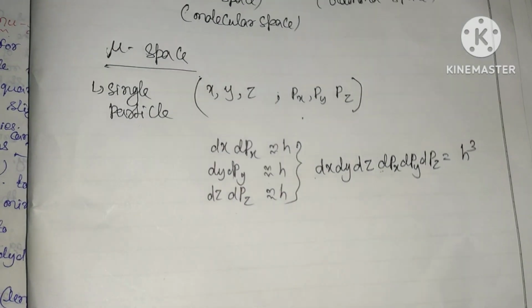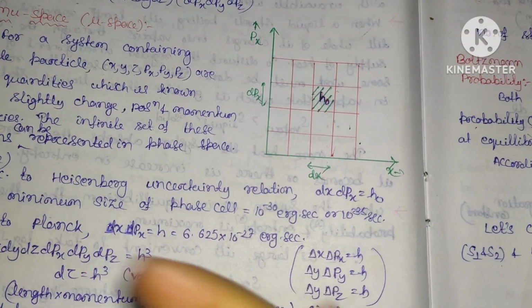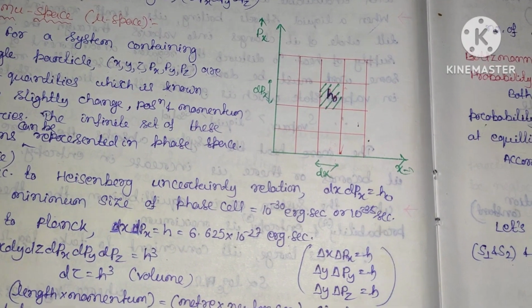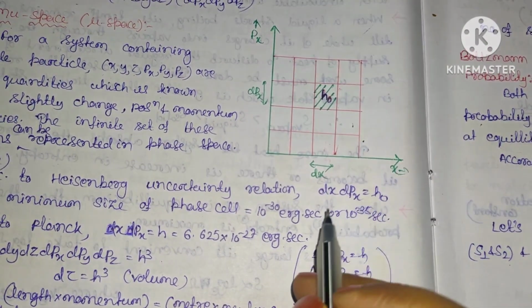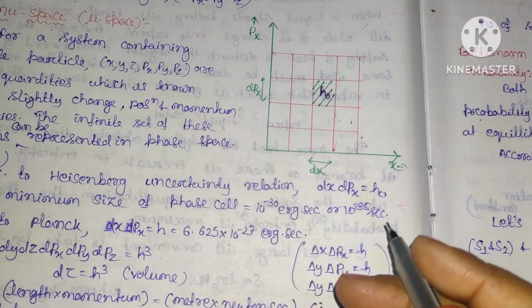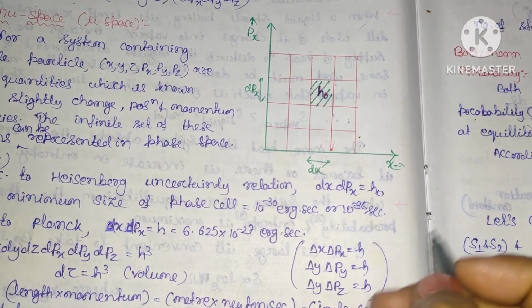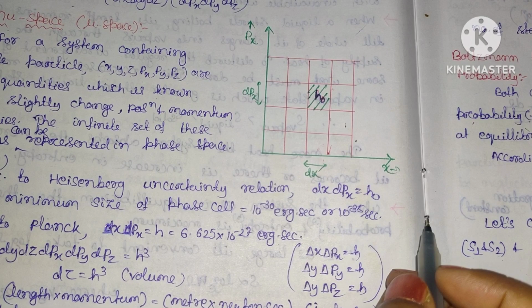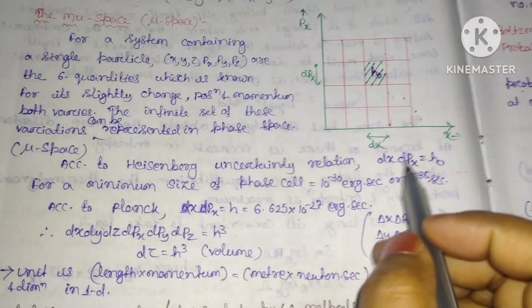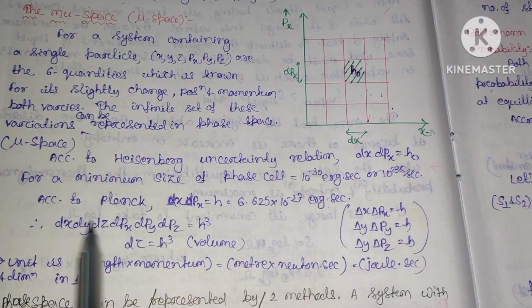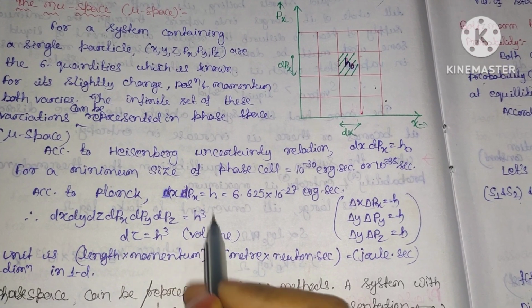Clear? If the position or momentum of one of the molecules is changed slightly, the phase point of this molecule will undergo displacement in the phase space and the microscopic state of the gas will be modified. So this h cube will be my volume.